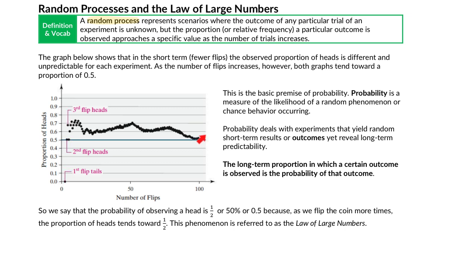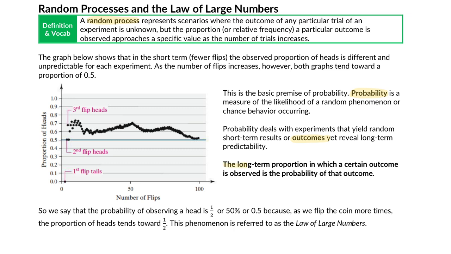It's either heads or tails. And this is measured probability-wise with this phenomenon of random numbers, specifically when we have outcomes that reveal themselves over long-term predictability. So we can do classical or empirical probability to discuss the different outcomes or probabilities of each outcome.